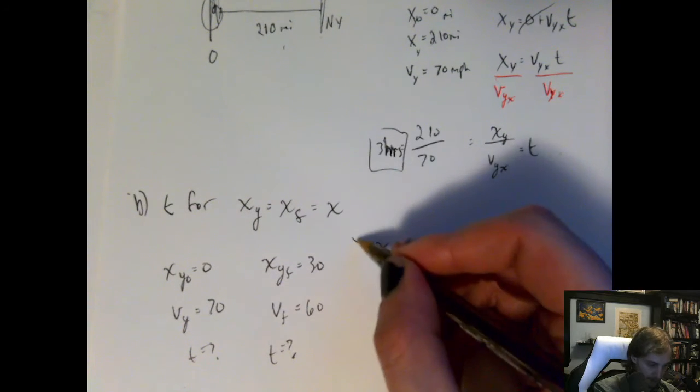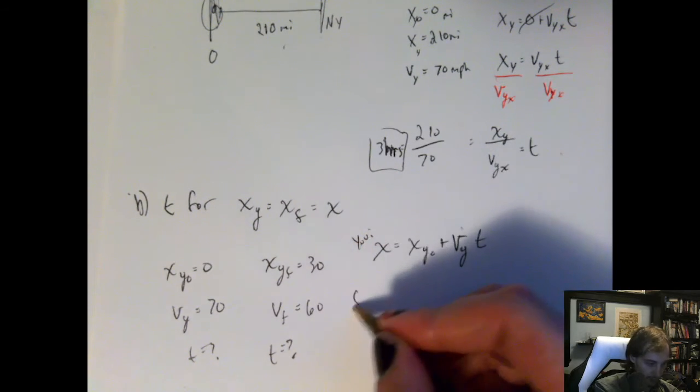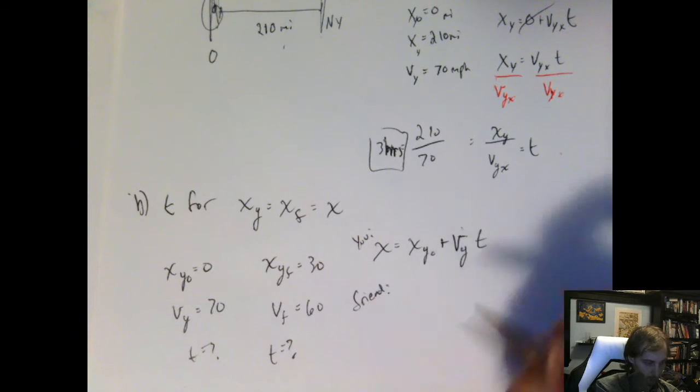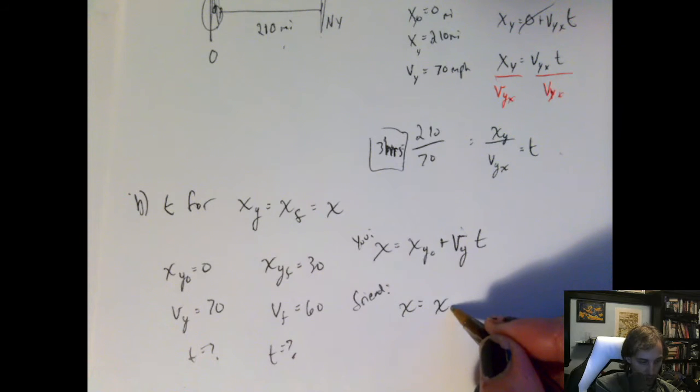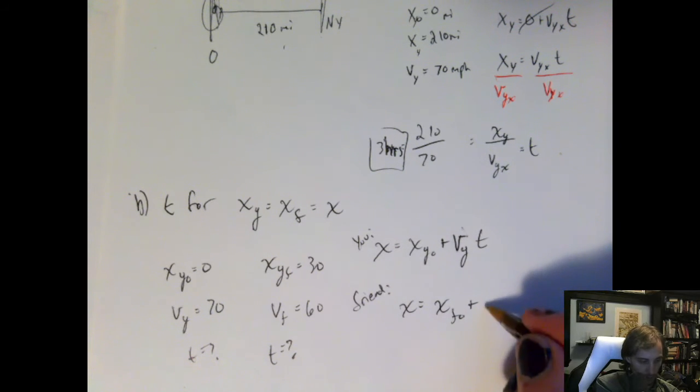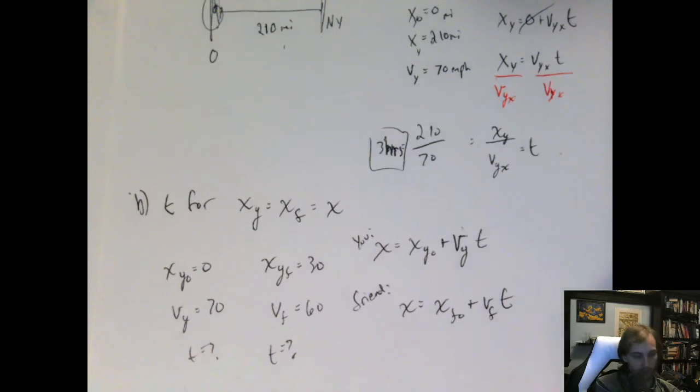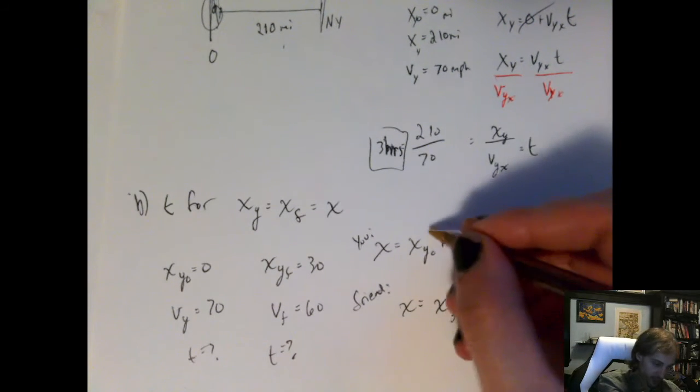And then we can do it again for your friend. We've got the final position will equal the initial position of your friend plus the velocity of your friend times time. Now, nicely enough, this one is already solved for, and I am going to go ahead and just save myself a little bit of effort later and plug in the 0.